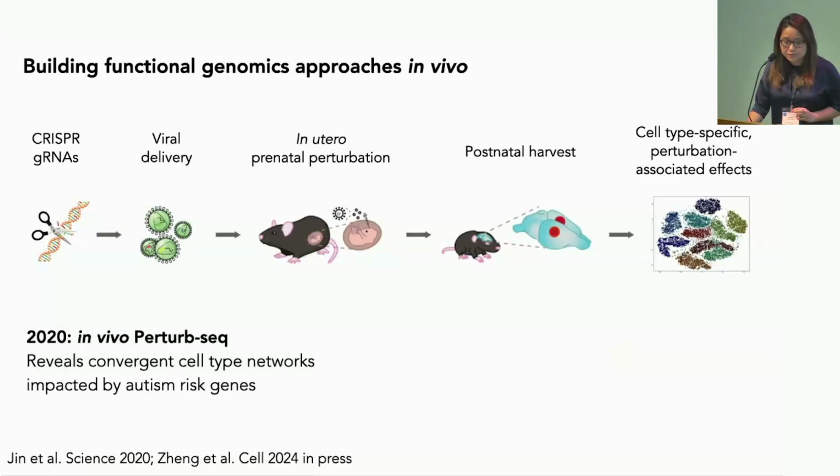The first version of this, as a prototype, was published a few years ago, where we built this technology using lentivirus to analyze about three dozen different risk genes that contribute to autism. We identified recurrent cell types and molecular pathways that are enriched even across this rather small subset of risk genes, which is interesting.